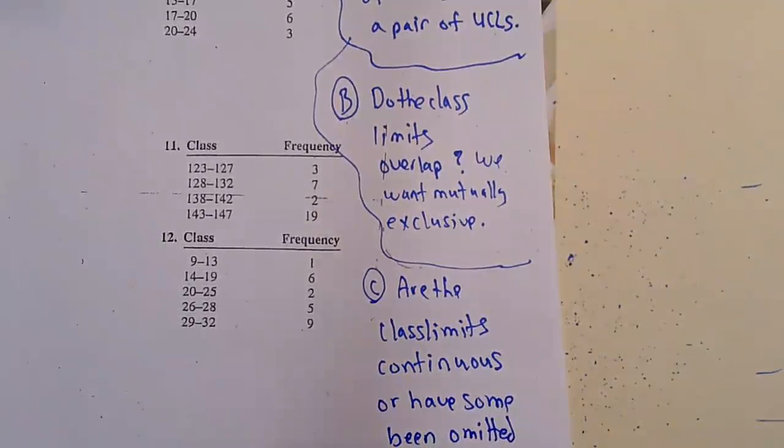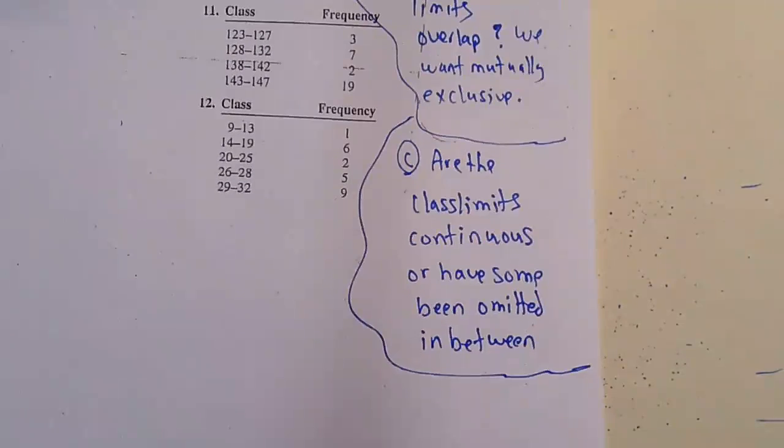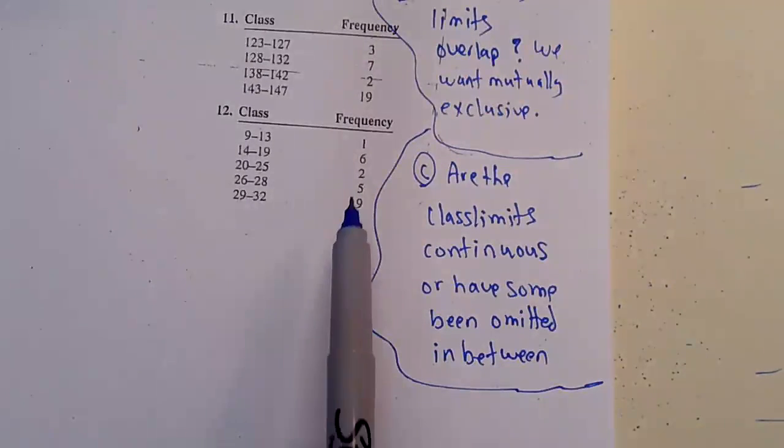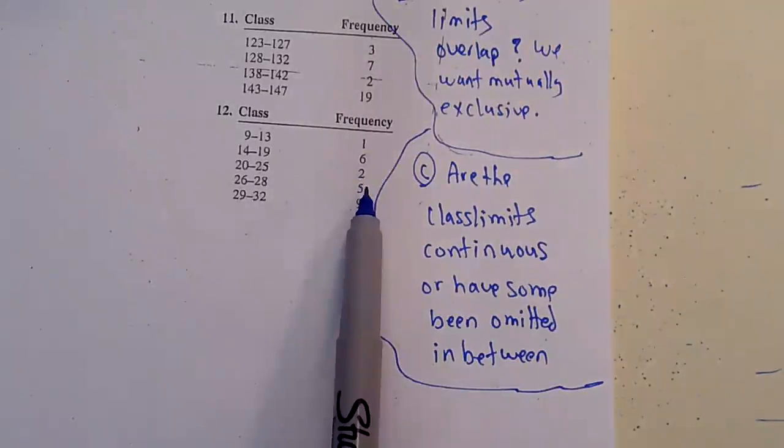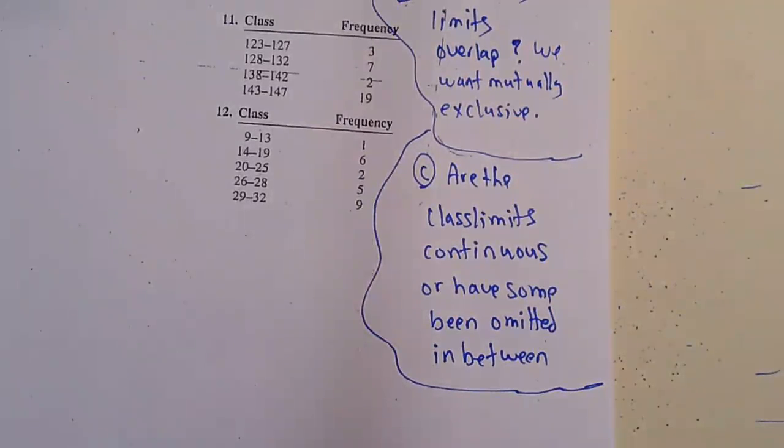Remember we said that in your class limits, if you ever have a frequency of 0, you can only omit them if they're either first or last. But if they're in between, you shouldn't be skipping them. So that's what that's talking about.